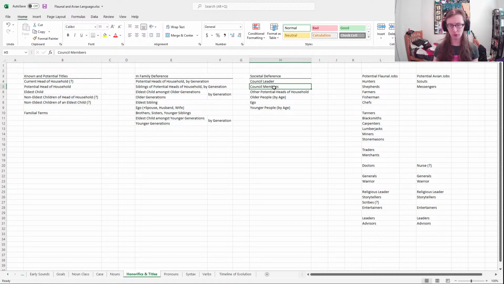And the high formal, probably just to denote the council leader, they would likely use the high formal, or they may switch between formal and high formal, just depends on circumstances.